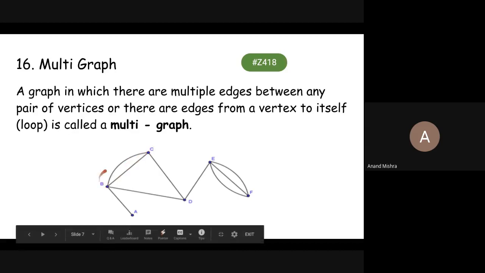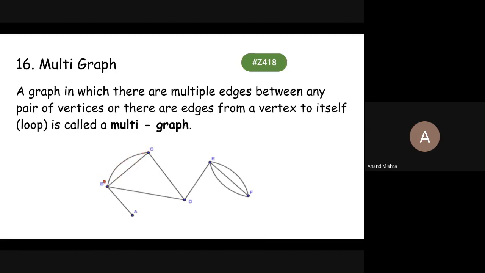There are 2 roads, right? If there are 2 roads, maybe I would like to show that as 2 different edges. Yeah? So there may also be edges from a vertex to itself, right? So either it has multiple edges or it has a self loop. Then this is called a multi-graph.